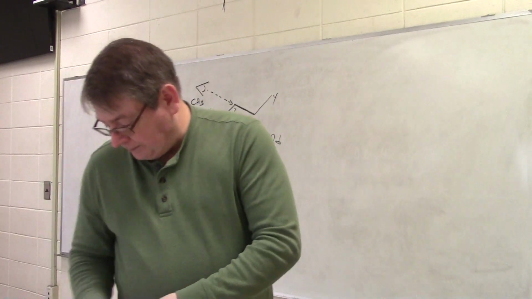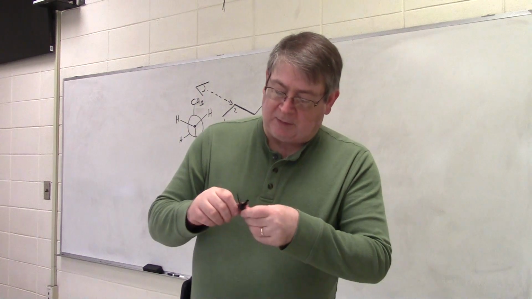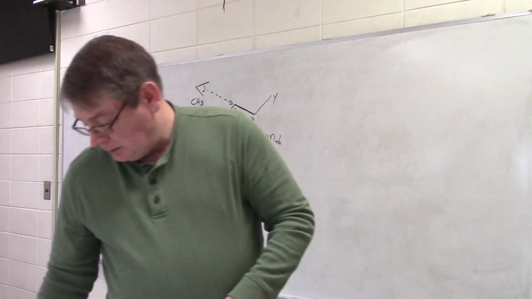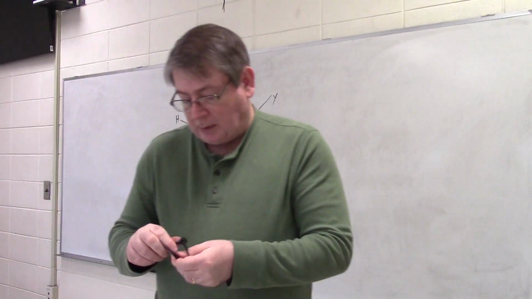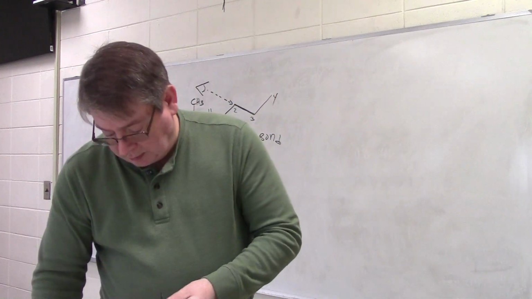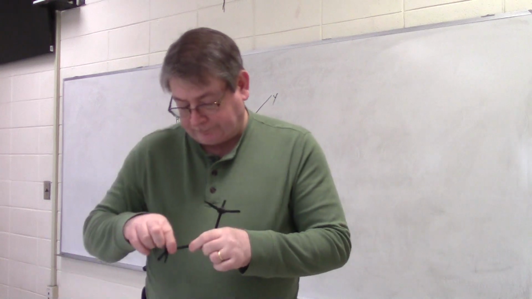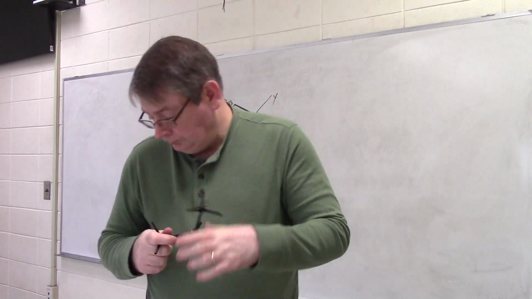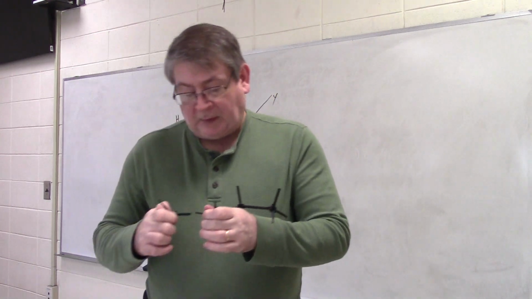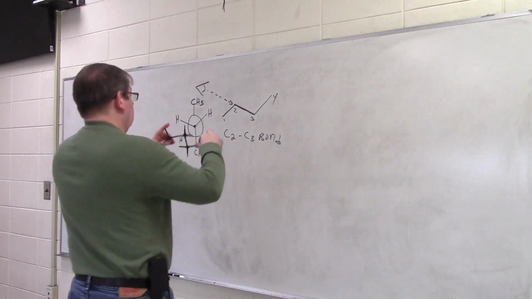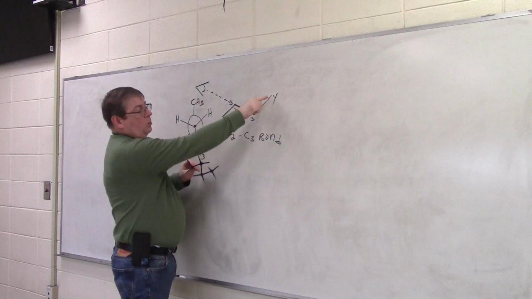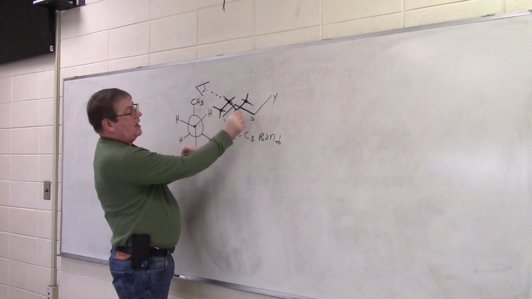We need 4 of them, which is 8 total pieces. Now we're going to connect these together to make butane, and what you should see is that what I drew is that model.